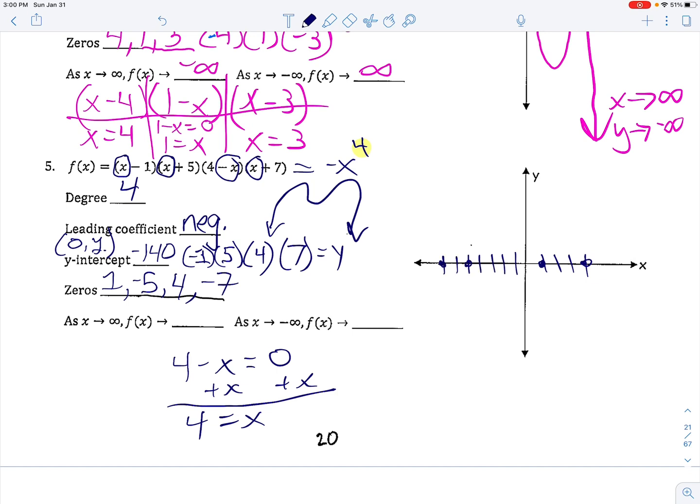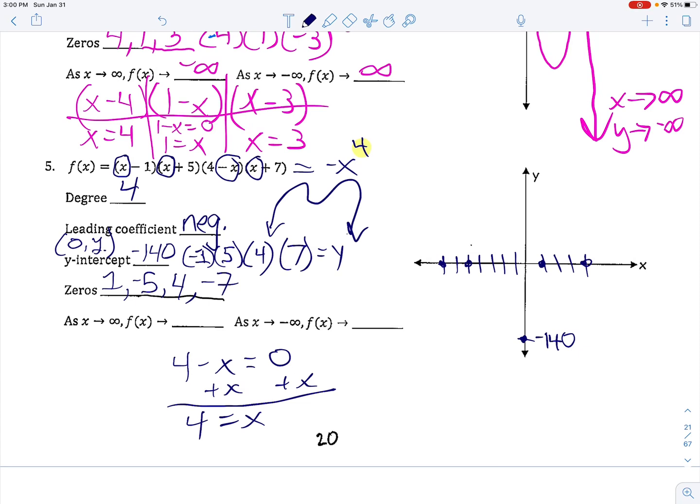We have 1, 4, -5, -7. And then we have a y-intercept of negative 140. All right, so here we go. We'll start sketching here.